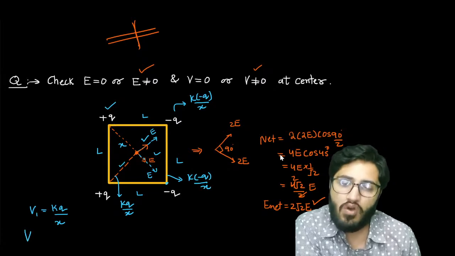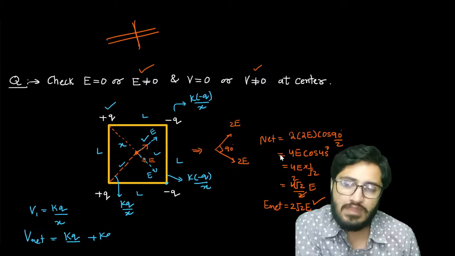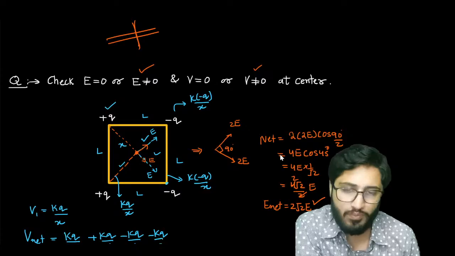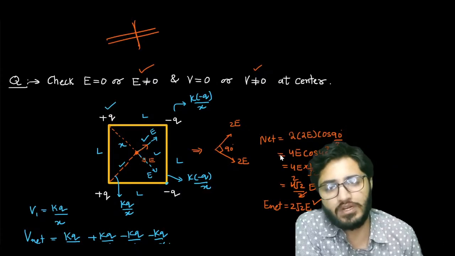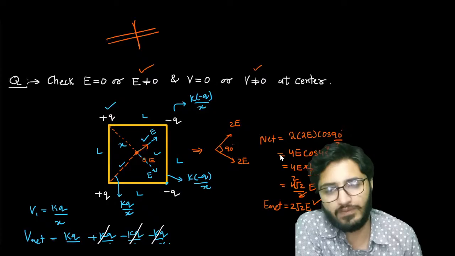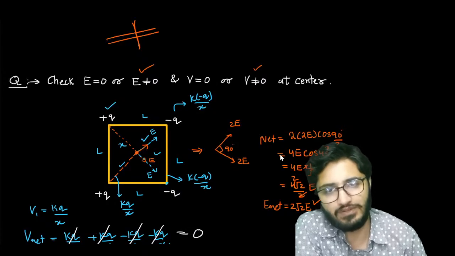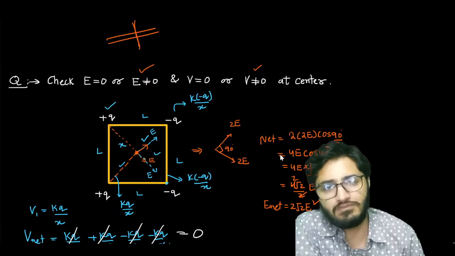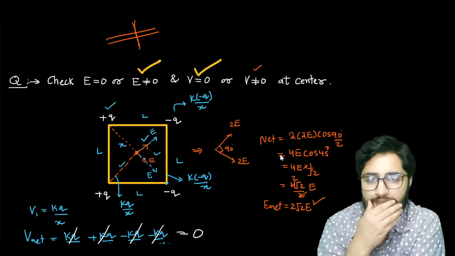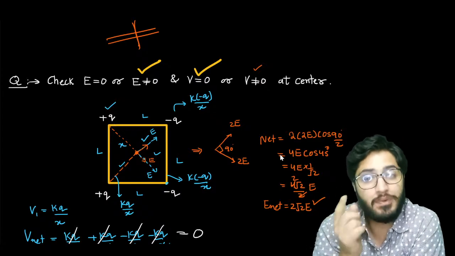Now add all of them: V net equals KQ/X plus KQ/X minus KQ/X minus KQ/X. This will cancel out, so we get V is 0. So here V is 0, but E is not 0. Electric field is not 0, but V is 0.